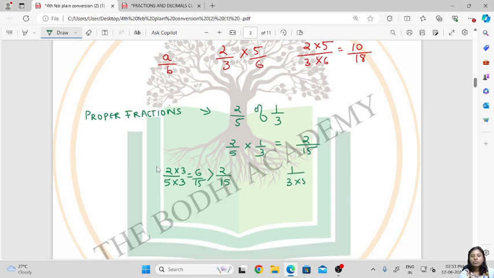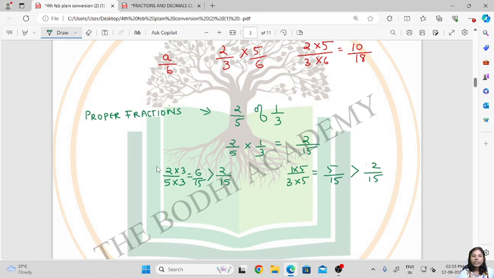So 3 into 5 will give us 5 upon 15. So here again we have 12 by 15. See, so now here again the fraction is greater than the product.